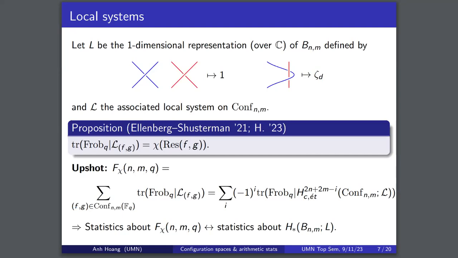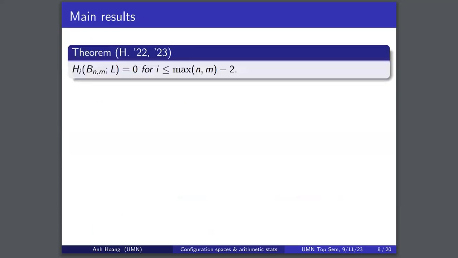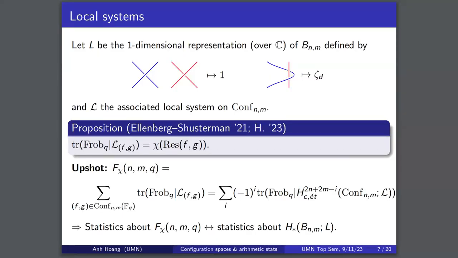Does the D tie up with anything else? You've got this D-th root of unity. Is there anywhere else in what you've said where D appears? Number theoretically, that's where the D comes from.